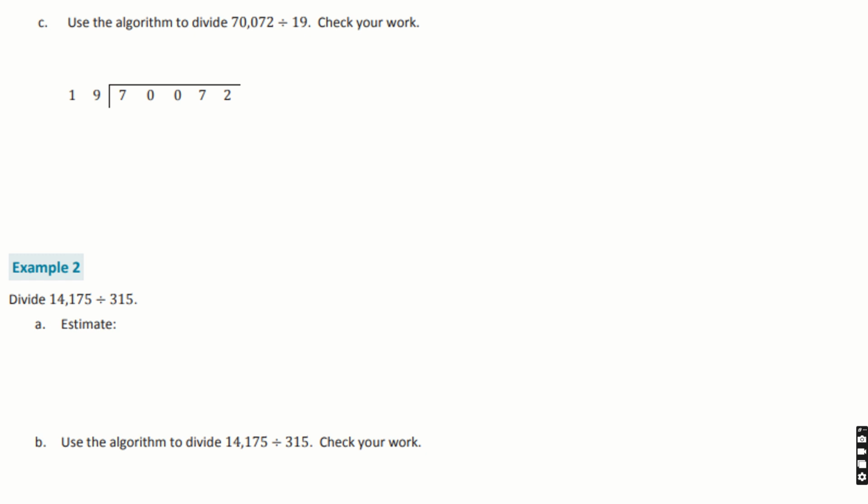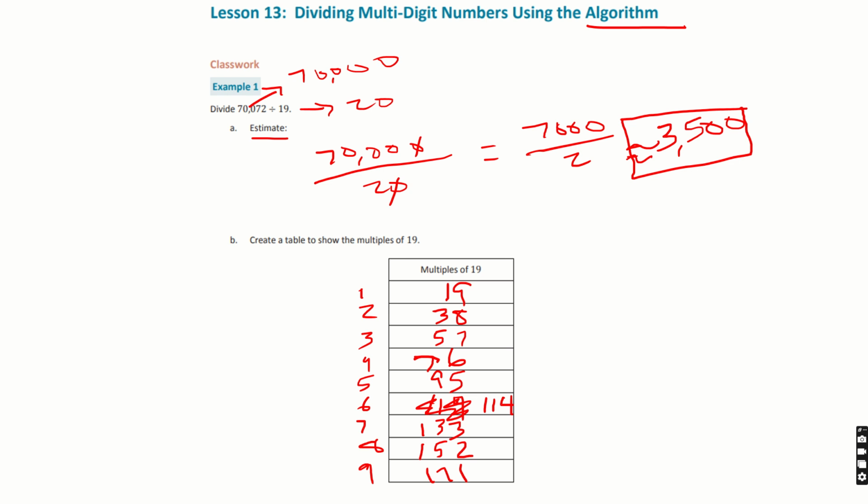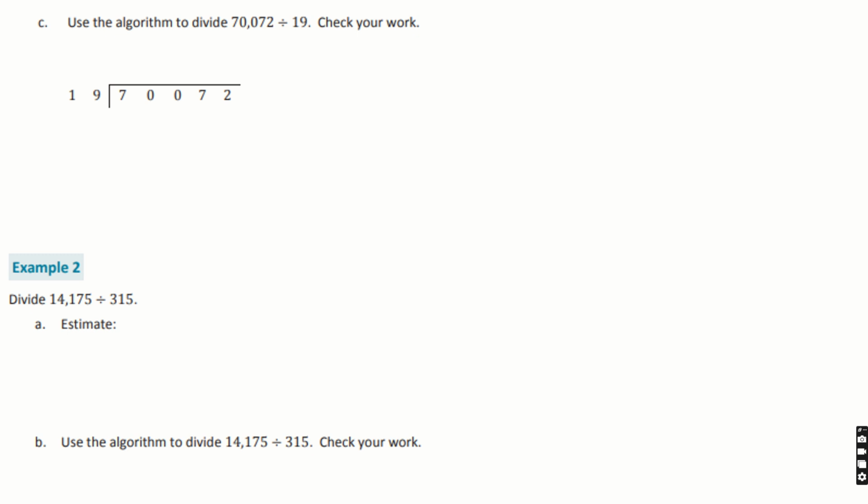So 19, if we look back, goes into 7. No, goes into 70. Well, I see this 4 here. 4 times 19 is 76. So I'm going to put a 4 there because it goes into 70. 4 times 19 is 76. Oops, hang on. Let's go backwards here.